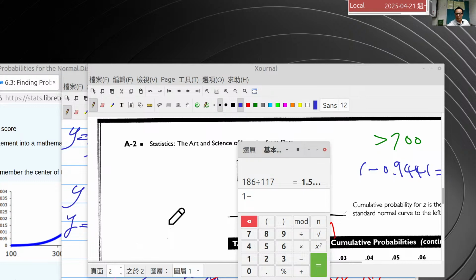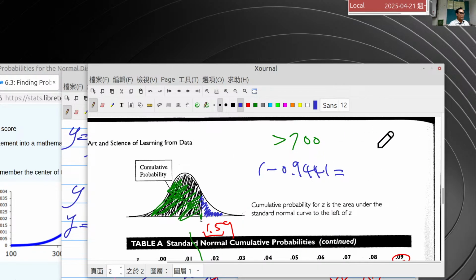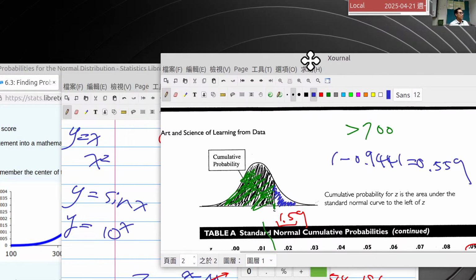One minus 0.9441. Oh, okay, 0.559. Okay, can you get it?